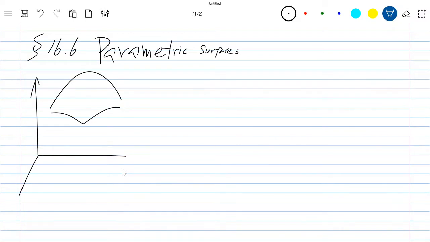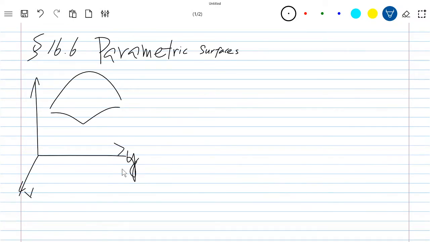16.6 Parametric surfaces. To study integration in higher dimensions, sometimes we want to integrate over a surface, like in this graph.